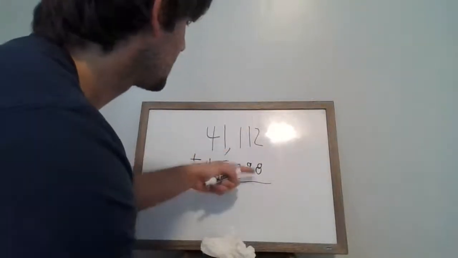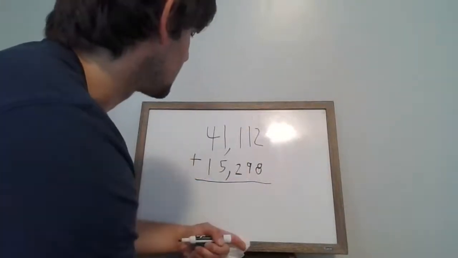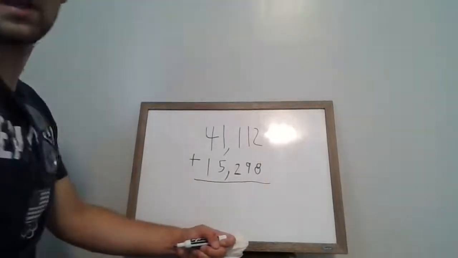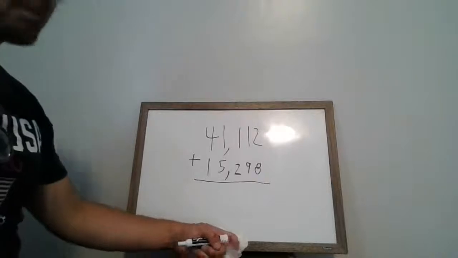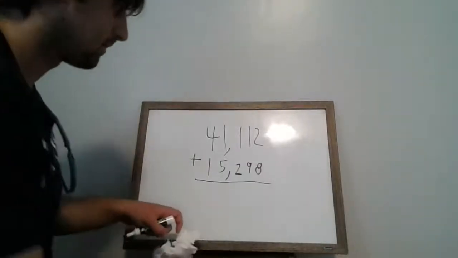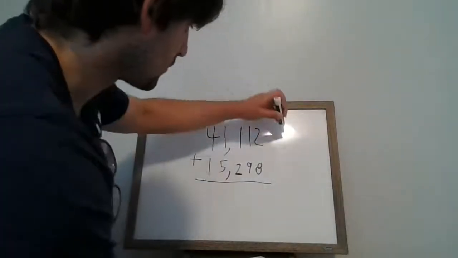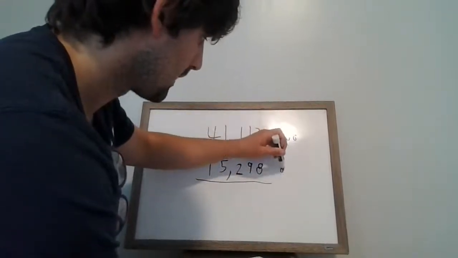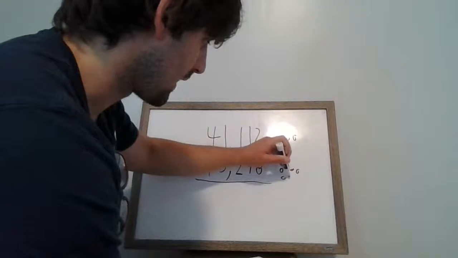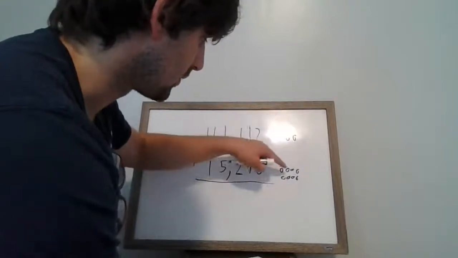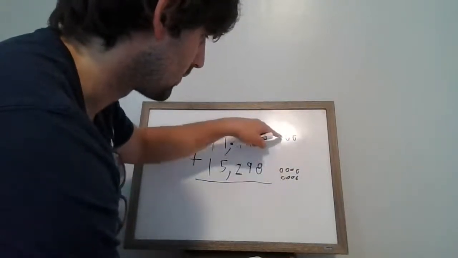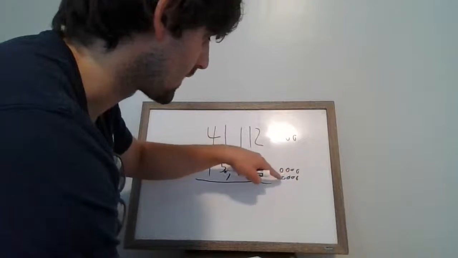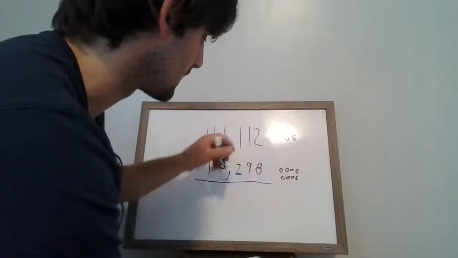All right, so let's say I don't know what 2 plus 8 is in my head. What you can do is on scrap paper like this, you can draw 2 circles, then draw 8 circles. 1, 2, 3, 4, 5, 6, 7, 8, 9, 10. So 2 plus 8 is 10.